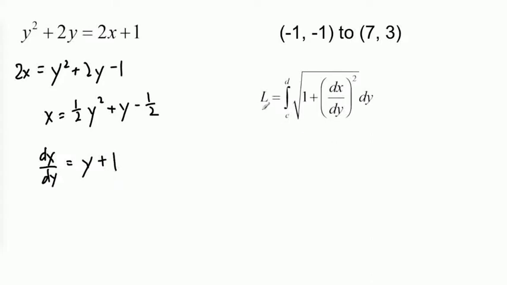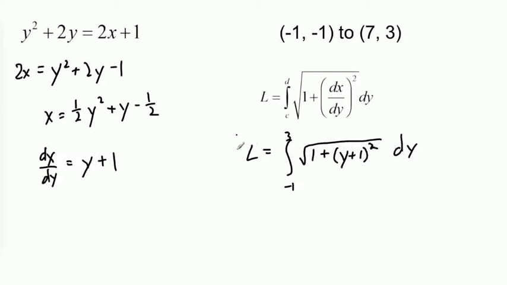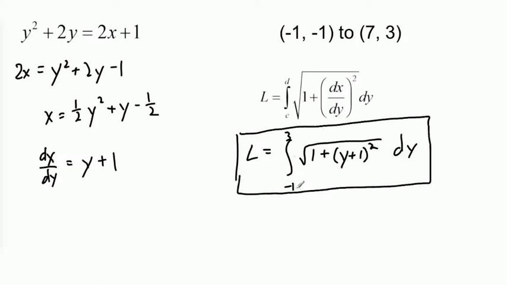So if I plug it back into my formula, the length of my curve is actually going to be the integral from my y values, from -1 to 3, of the square root of 1 plus (y plus 1) squared dy. And that is my integration that will find the length of that curve.